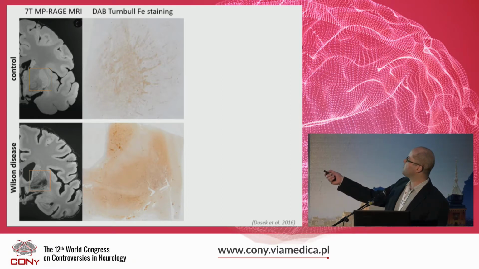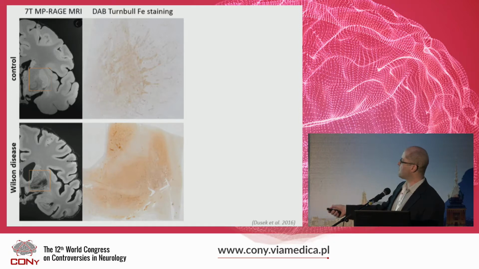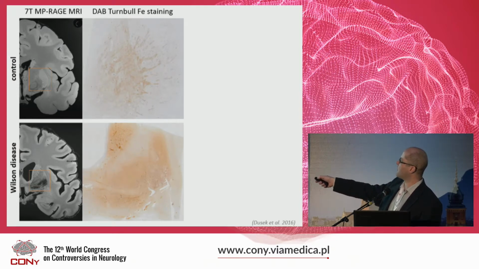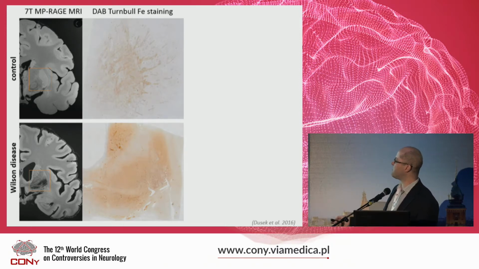When you do a DAB enhanced Perls iron staining, you see that not only is there more iron staining, but the structure is disrupted. You see these nice bundles passing through the putamen and to the globus pallidus, and the structure is damaged here.